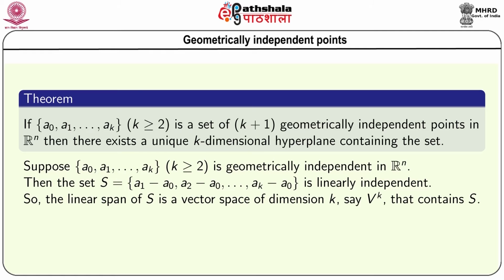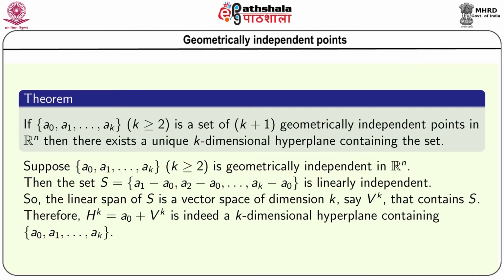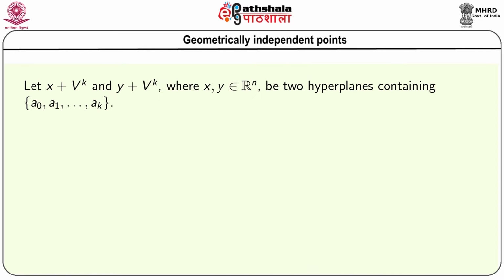Let us call that vector space Vk that contains S. Therefore, Hk, which is equal to A0 plus Vk, is indeed a k dimensional hyperplane containing the set A0 to Ak. Now, let us suppose that x plus Vk and y plus Wk are two hyperplanes containing A0, A1, to Ak, where x and y are two points in Rn.